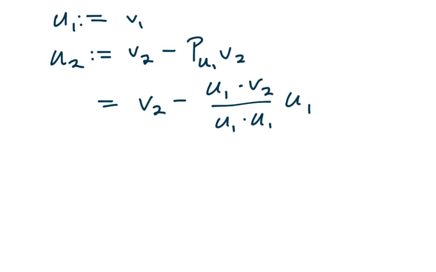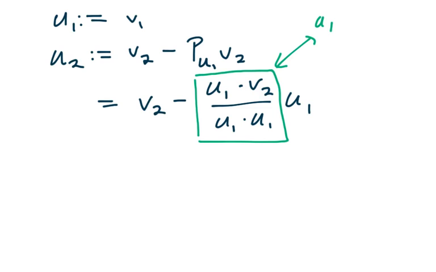And in the very specific case where you unitize everything as you go, so if U1 were a unit vector here, then remember that U1 dot U1 is just the magnitude of U1 squared. And if that were a unit vector, that would just be 1. So actually your denominator wouldn't be there. It would just be U1 dot V2.